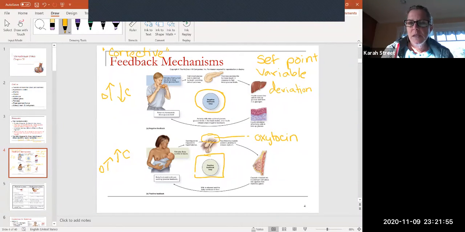So listen, all positive feedback mechanisms must ultimately be stopped with a negative. Ultimately a negative feedback mechanism has to bring that variable back towards its set point. Otherwise, if that doesn't happen, the ultimate negative feedback is going to be death. Blood clotting.